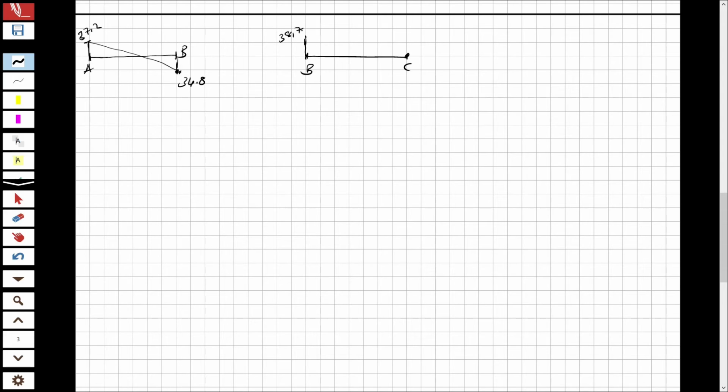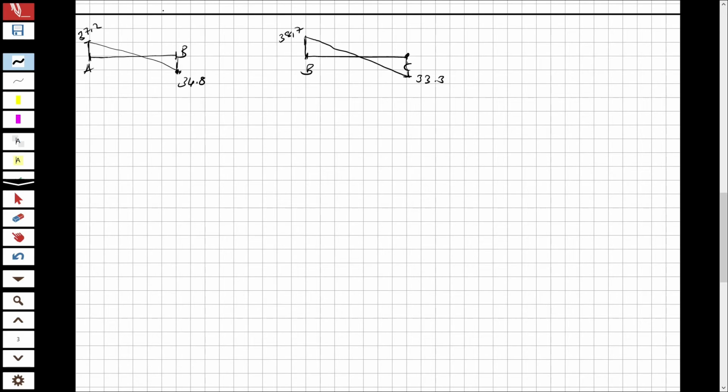So I am going to again decrease by 72 because in the second part it's also 72, and I'm going to obtain 33.3. And now I'm going to draw the moment diagrams.